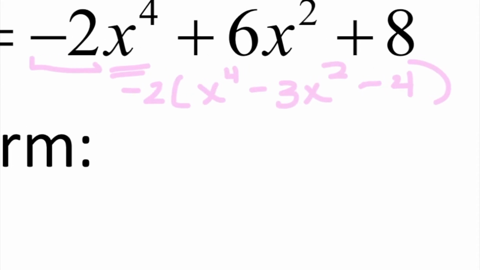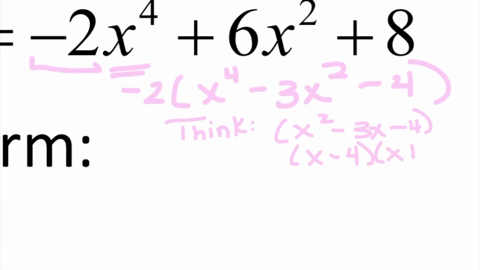And when you're thinking about this, to factor it, think, how would I factor x squared minus 3x minus 4, which is x minus 4 times x plus 1. But then you have to make those squared.